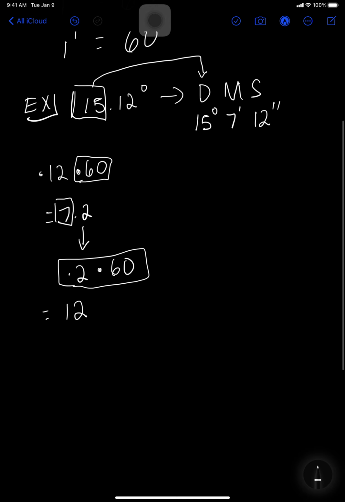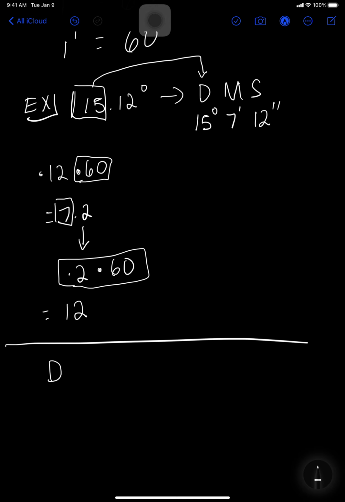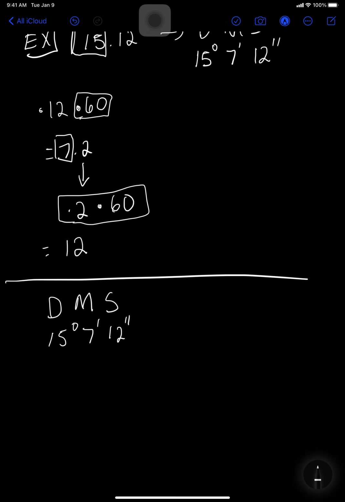So if I said, hey, I have this measurement of degrees, minutes, and seconds, and I want to convert it back into a decimal, what we do right here is we first start by taking the 15 down as the whole part, and we go 15 point. We gotta figure out what comes right here.